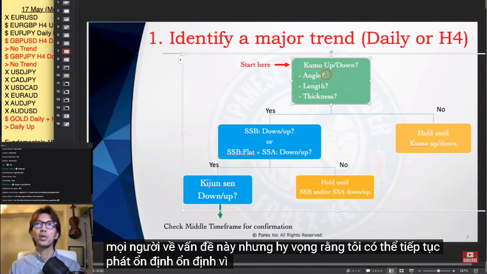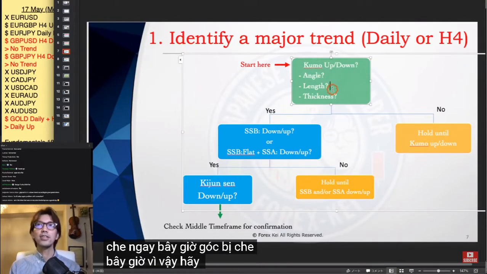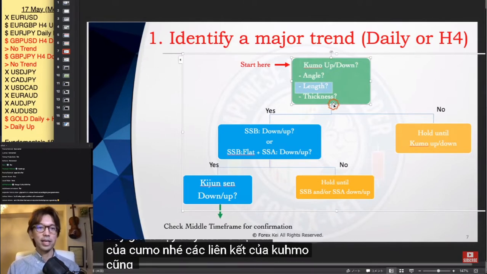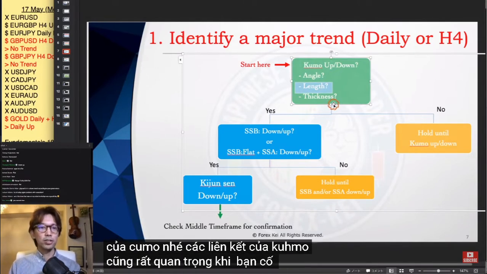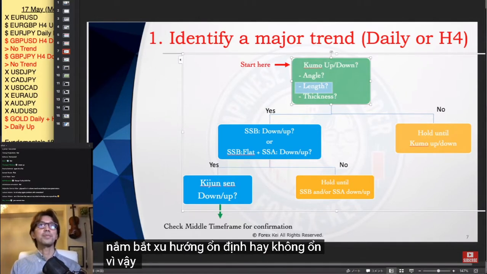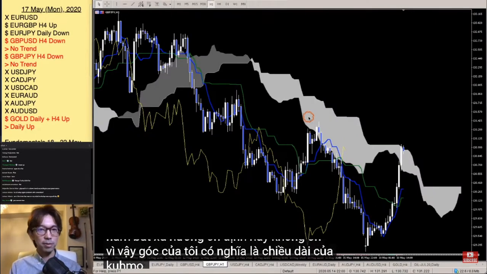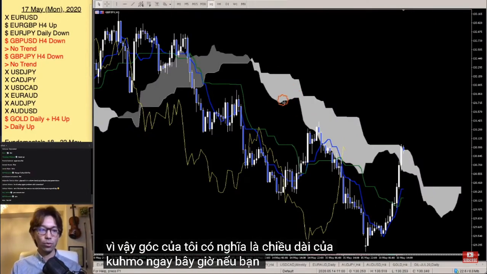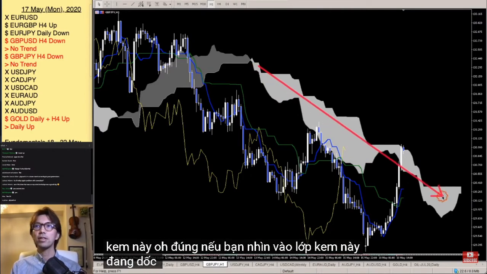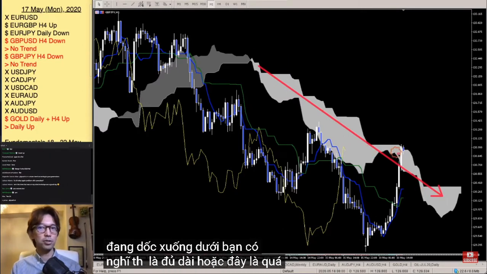All right, so the angle is covered now. Let's talk about the length of the Kumo. The length of the Kumo is also very important when you try to capture a stable trend. Right now, if you look at this Kumo sloping downwards, do you think this is long enough or too short?